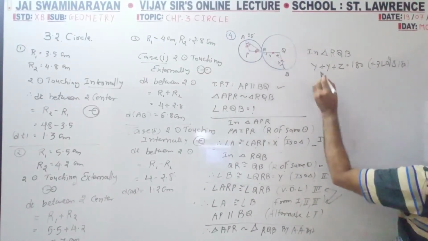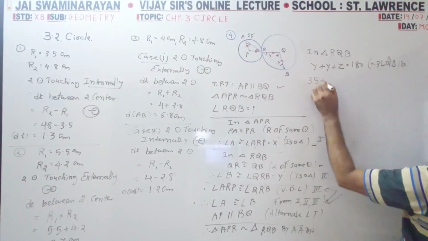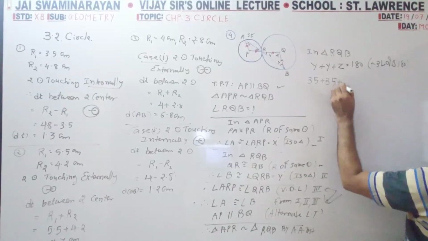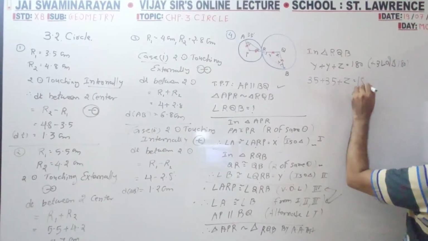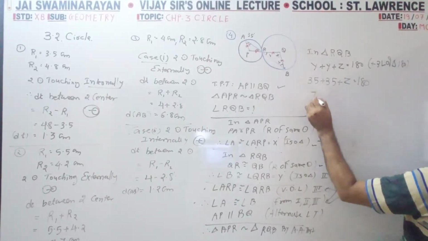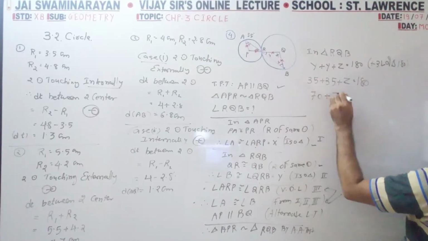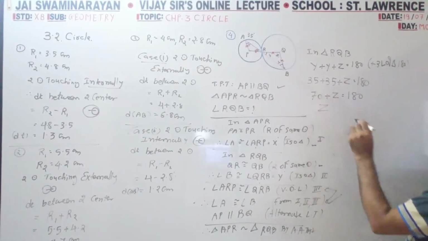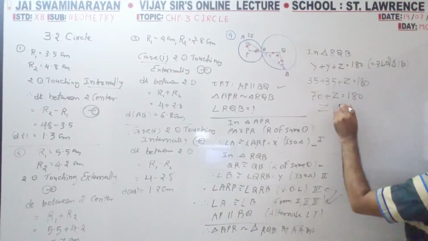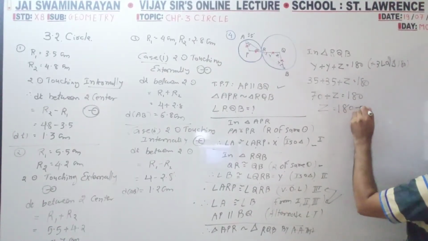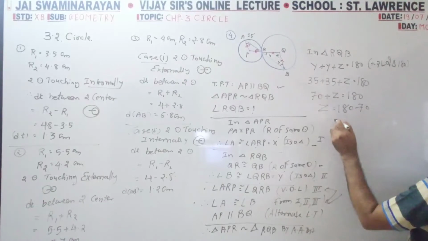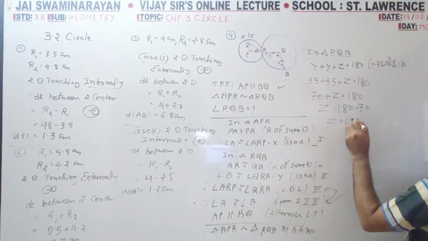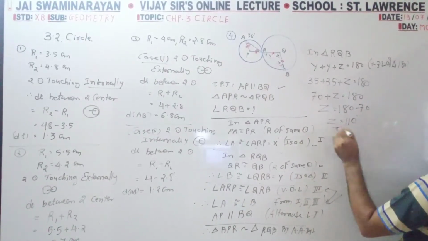So these two are given, 35 plus 35 plus Z is 180. 70 plus Z is 180, Z is 180 minus 70, Z is 110 degrees.